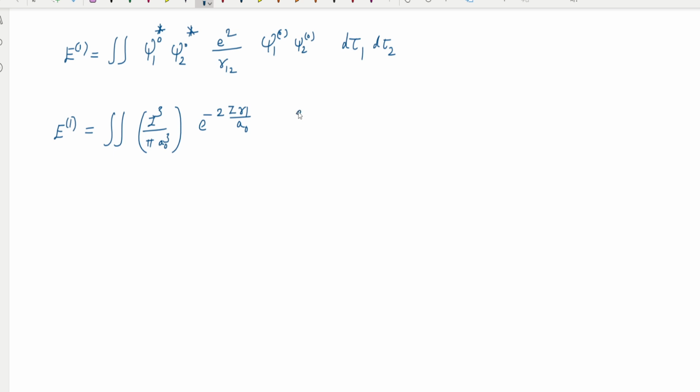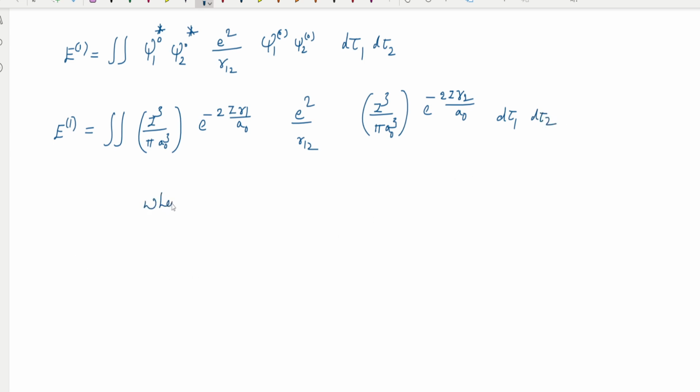Then e squared divided by r12. Here also the same thing, Z cubed divided by pi a naught cubed, e power minus 2 Z r2 divided by a naught, d tau 1 d tau 2.